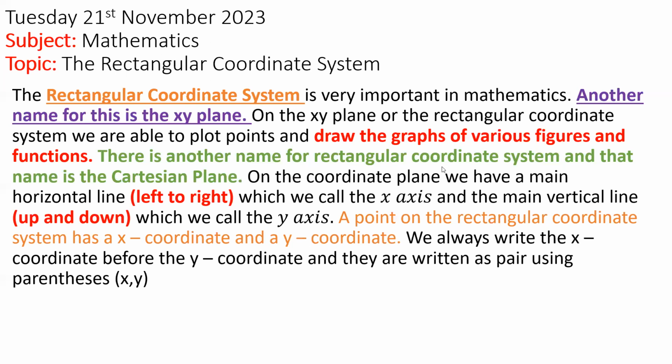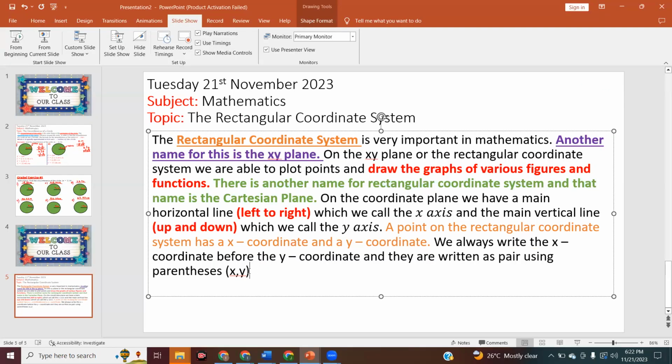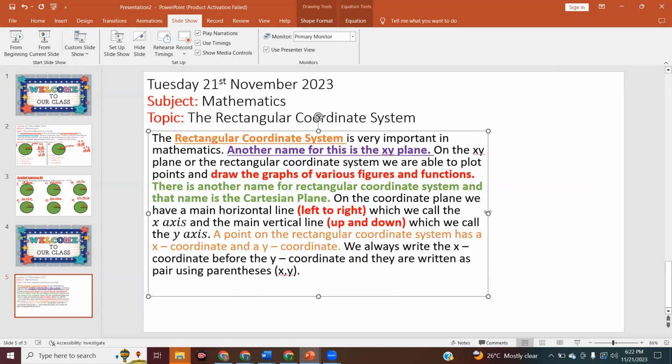The y-axis, very good. Which one do we always write first, the x coordinate or the y coordinate? The x coordinate. True or false? We write a point as a pair using parentheses. True. That is absolutely true.